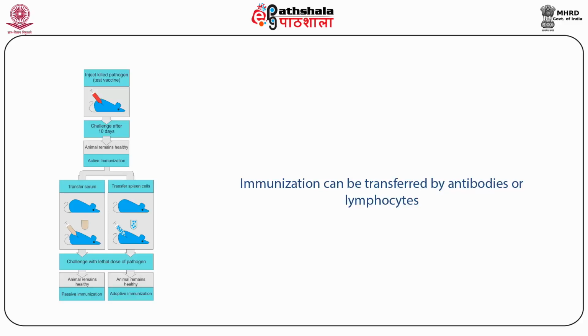Such immunity is called humoral immunity, and the process is called passive immunization. If immunity can only be transferred by infusing lymphoid cells from the immune donor into a normal syngeneic recipient, then the immunity is called cell mediated immunity, and the transfer process is called adoptive transfer or adoptive immunization.